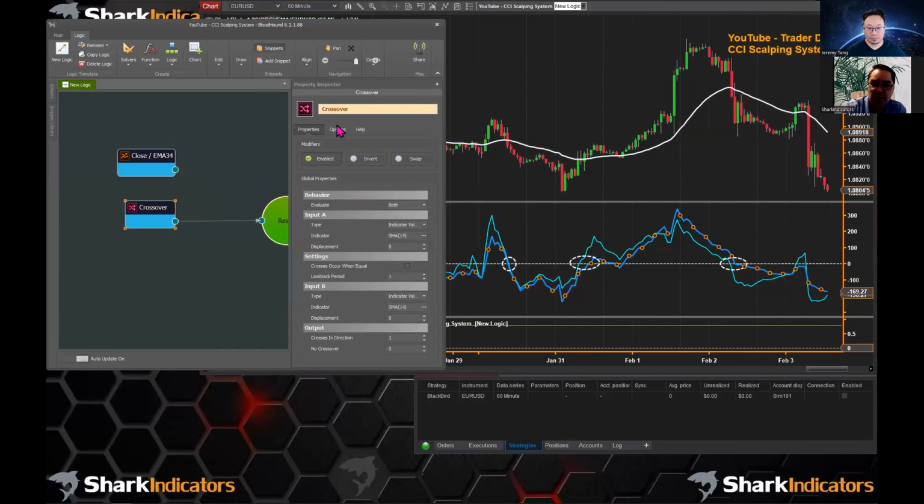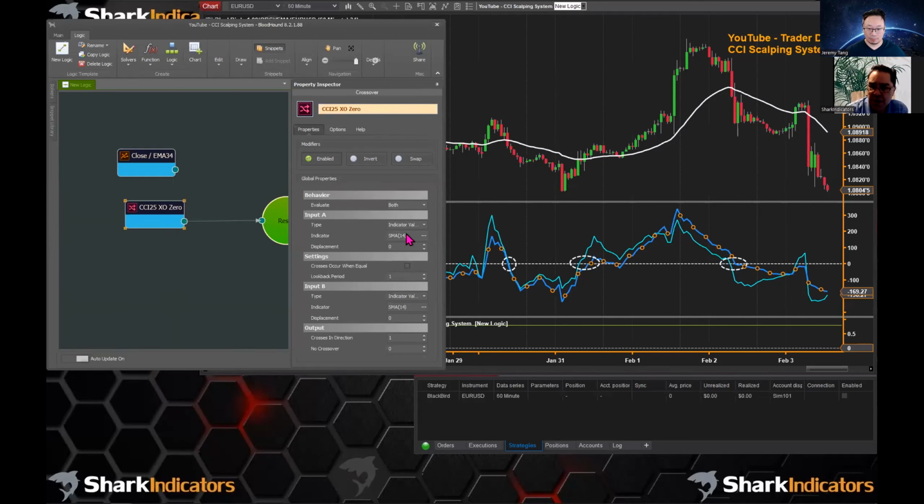Again, let's give this a name. This will be the CCI 25 period. You could be looking for the CCI to cross over maybe the 100 or the negative 100 value, but in this case it's simply looking for the zero line, or the zero value.